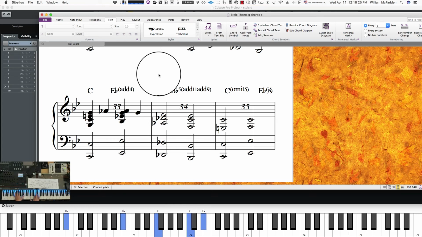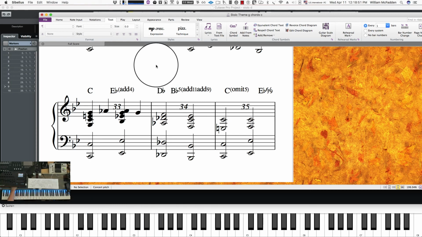And then in 35, we're back to our C major, omitting the 5. Then we go to an E flat. And here's your 9. Then here's your 6.